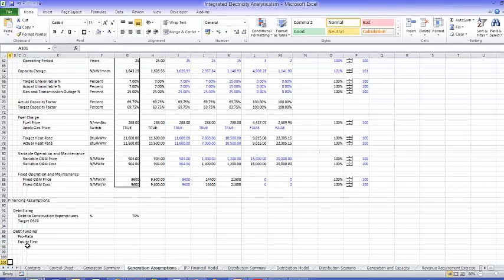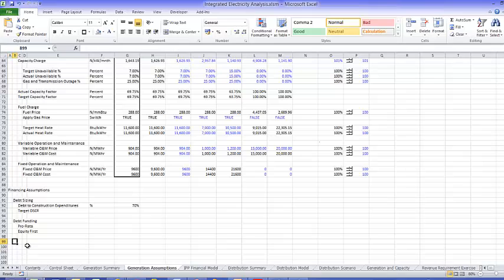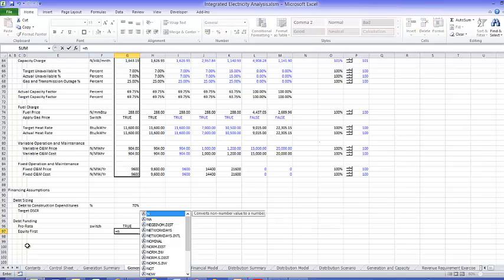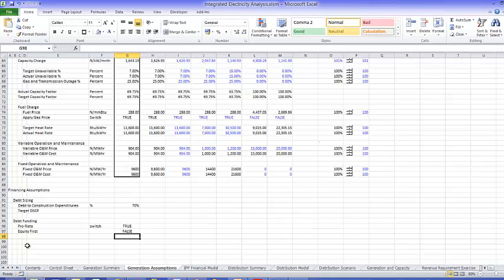Okay, and now after we put in the debt funding, let's make this true. And let's make this not this one, so we can put two different kinds of debt funding in.